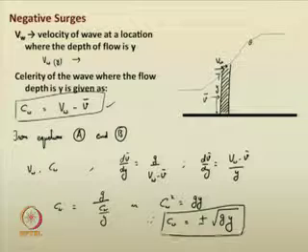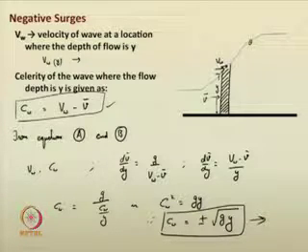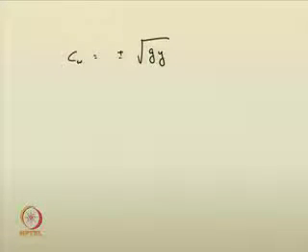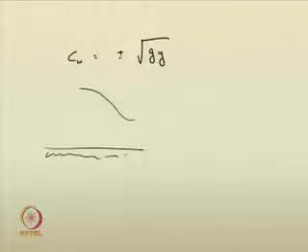So, for a negative surge, this is the standard representation of celerity, or this is how you derive celerity. Please remember it is only for a negative surge. I can write it again here: plus or minus root of g y. If you have a negative wave propagating upstream, then Cw is negative.